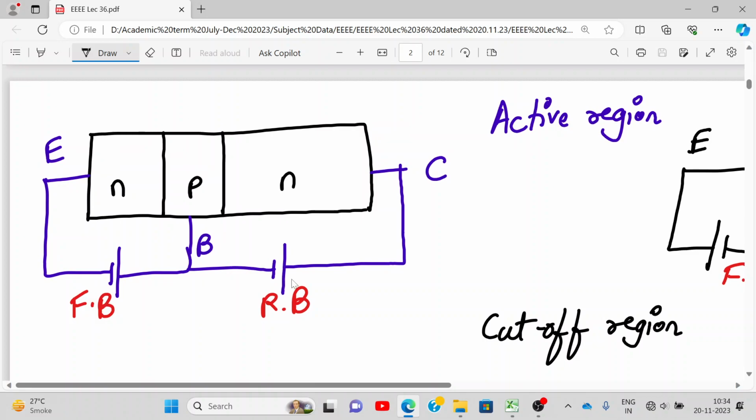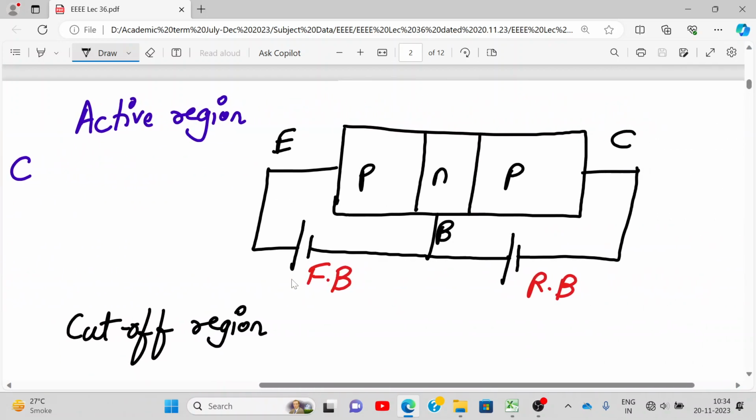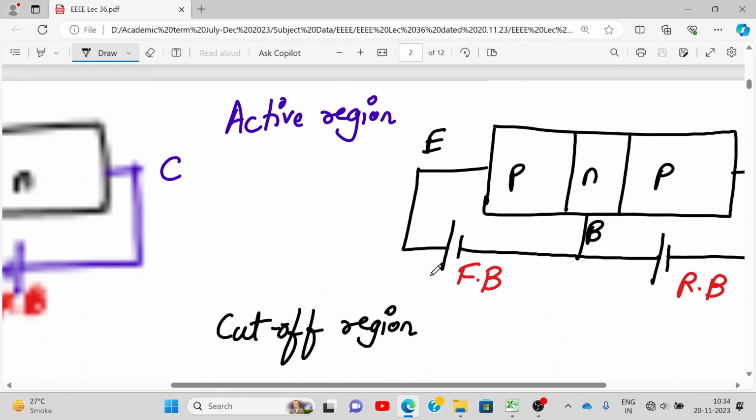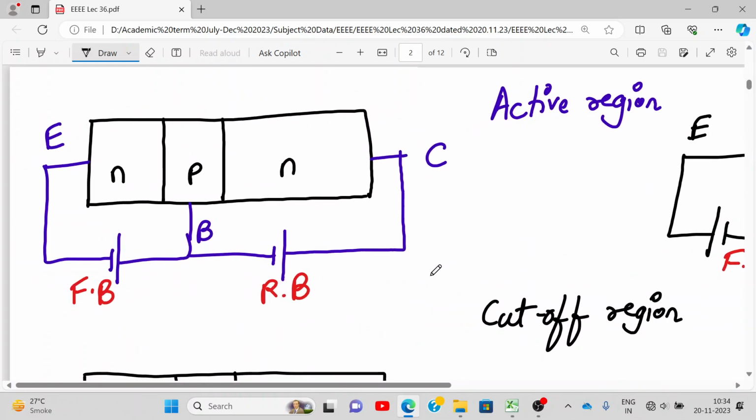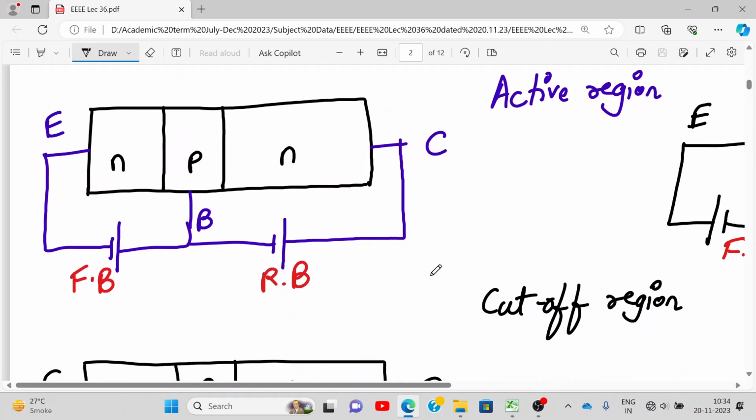Now, if you have completed this, on the right hand side, you draw the structure for PNP transistor and do the biasing for the active region. What I mean is this. This is PNP, right? So here also this is forward bias, reverse bias. Completed this?